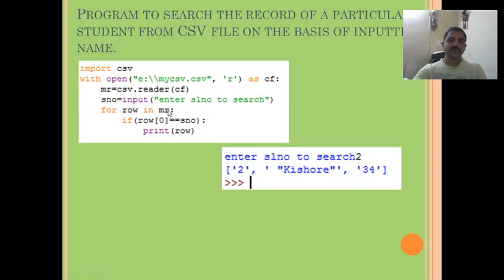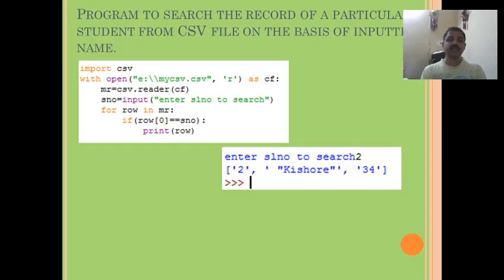For row in mr, where mr is nothing but the variable in which we store the contents of the file. If row of 0, where row will be the record, row of 0 means the first field. The first field is the serial number in the table in the CSV file that we stored. So row 0 equal to sno.